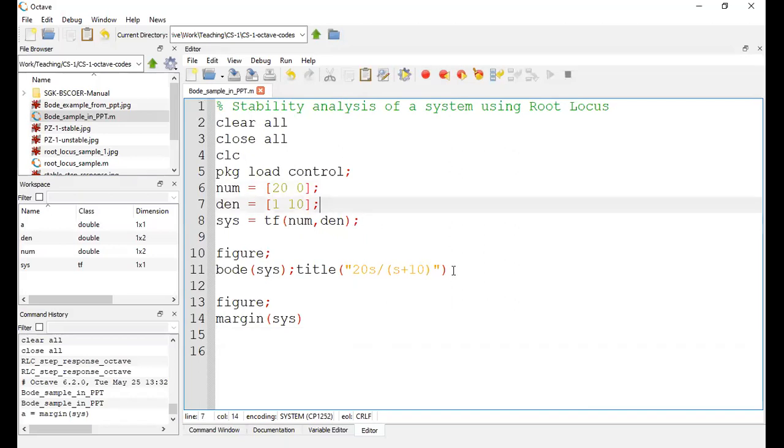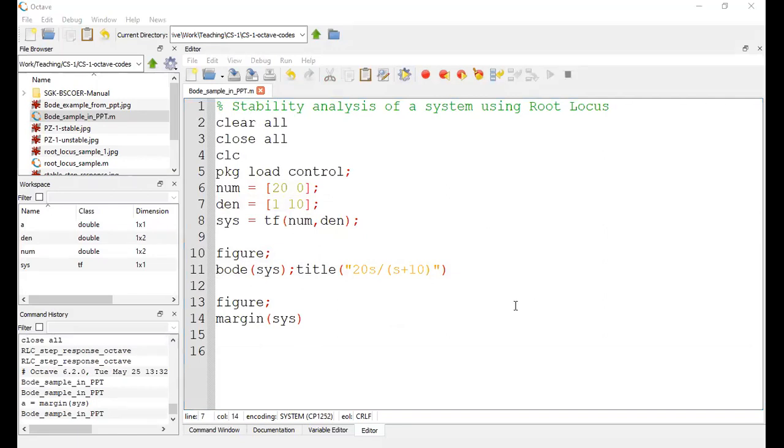This is the transfer function model which translates to this particular function, 20s upon s plus 10. If I run this, you can see what output I get here.